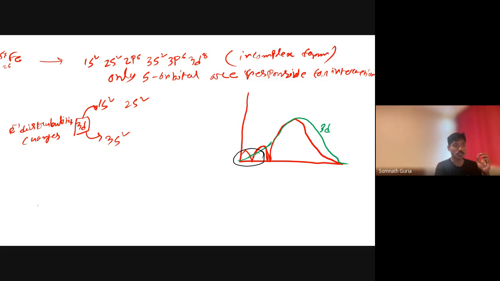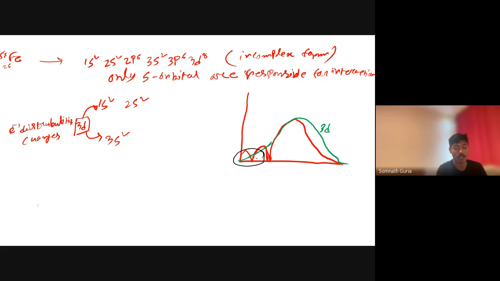If there is a huge electron density over here, let's suppose the 3d orbital has a d8 system, d8 electrons, it also penetrates less. It also interacts with the electrons close to the nucleus, not at the nucleus. In that case, the s orbital shielding effect will be less, and the nuclear attraction of the s orbital will be less.